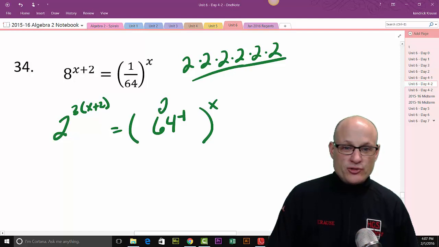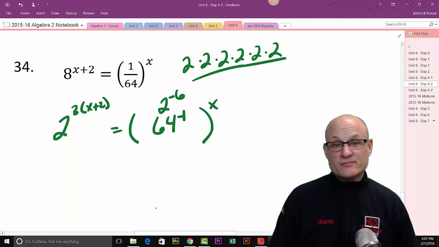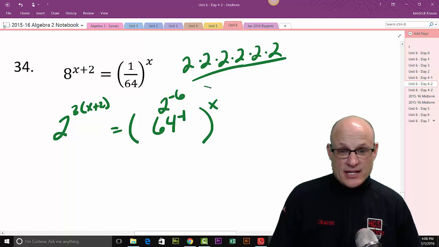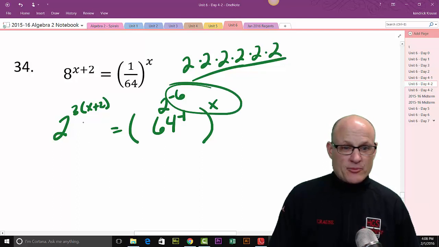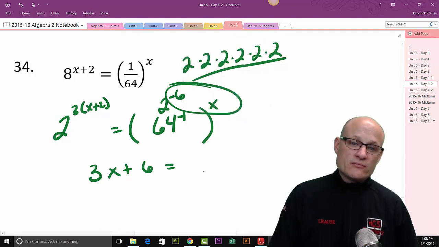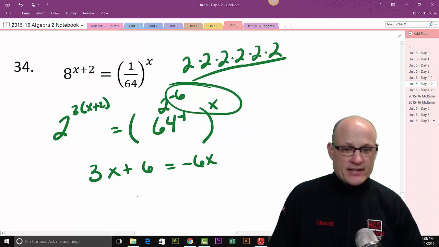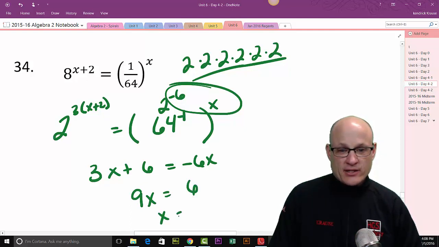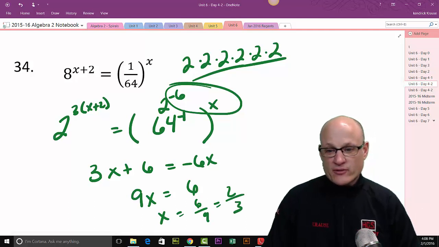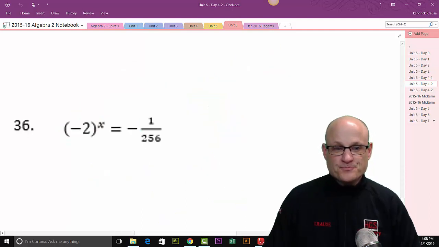So this is really 2 to the negative 6 times x. So what I end up with here is 3x plus 6 equals negative 6x. Add the 6 over, I get 9x equals 6. Divide by 9, I get x equals 6 over 9, which is just 2/3. Just another way of getting 2/3.